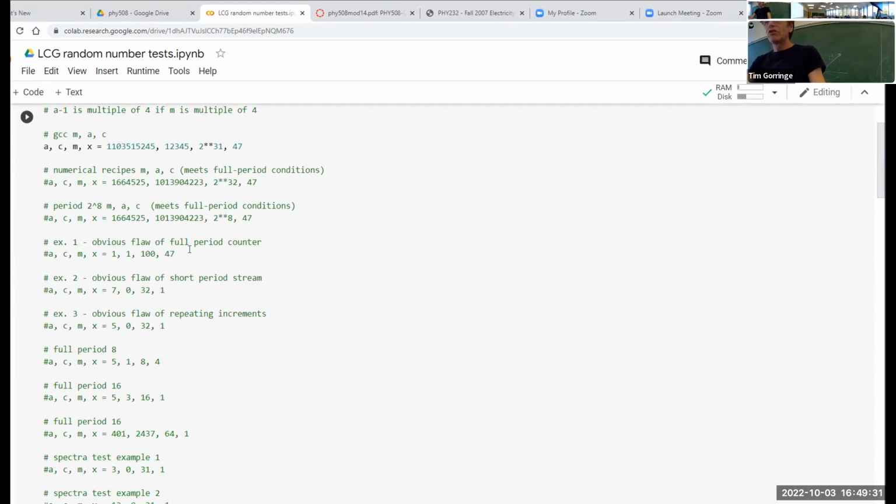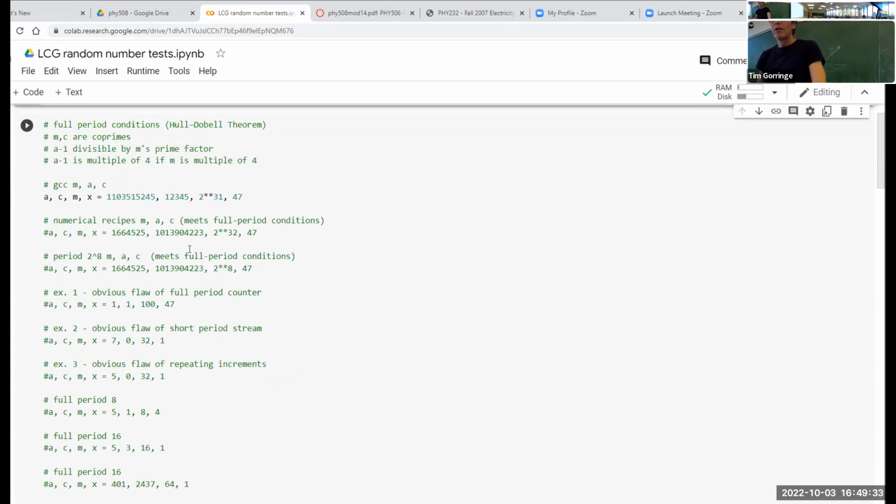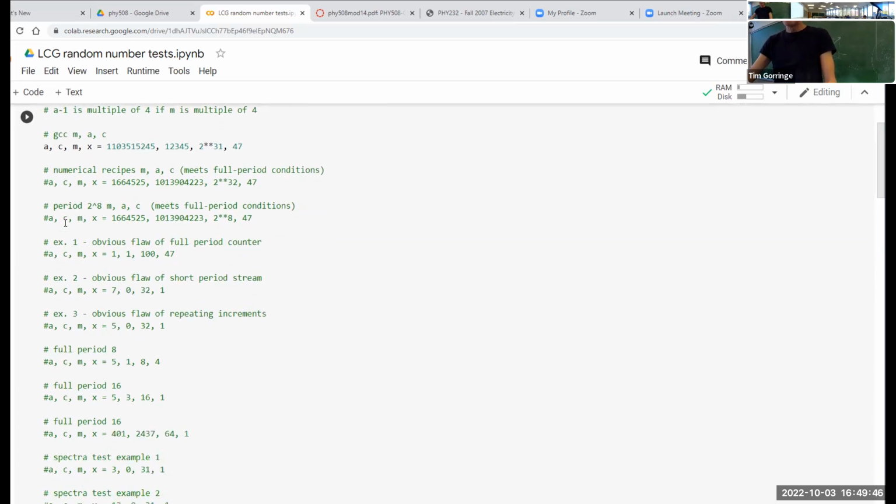And then I'm going to just explore some different cases of the parameter space of our random number generator. And so that I could remember them, I've stuck them all in here.